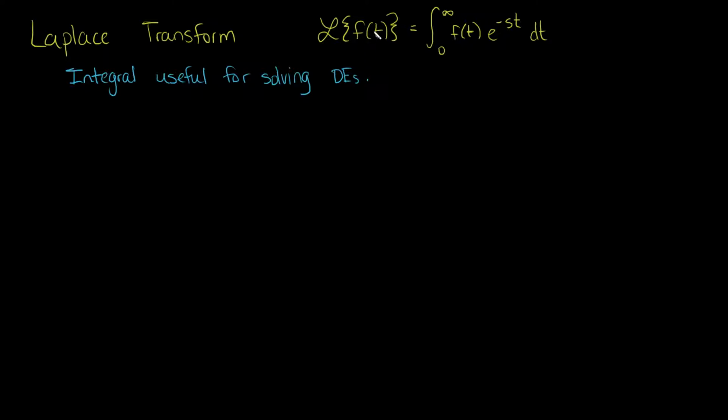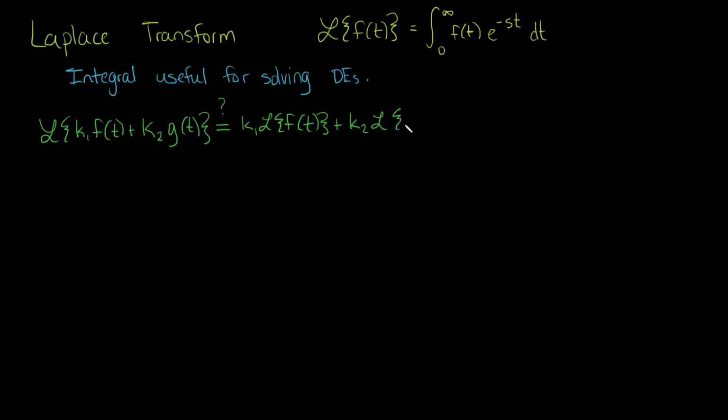If you remember our discussion of linearity when we were talking about second order homogeneous and particular solutions to second order differential equations, what it means to be linear is that if you have the Laplace transform of some constant k sub 1 times a function f of t, plus a different constant k sub 2 times a different function g of t, then this should equal, we don't know yet, k1 times the Laplace transform of just f of t, plus k2 times the Laplace transform of just g of t. So this should be the case.